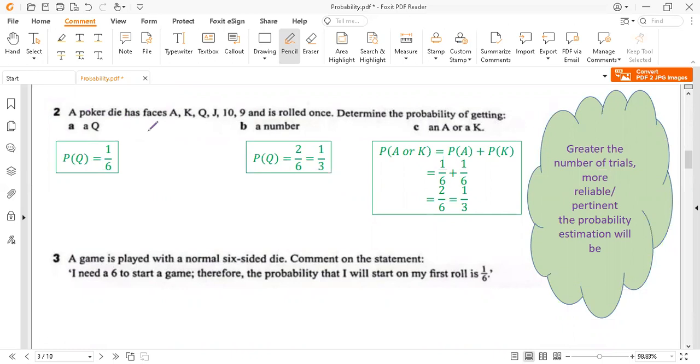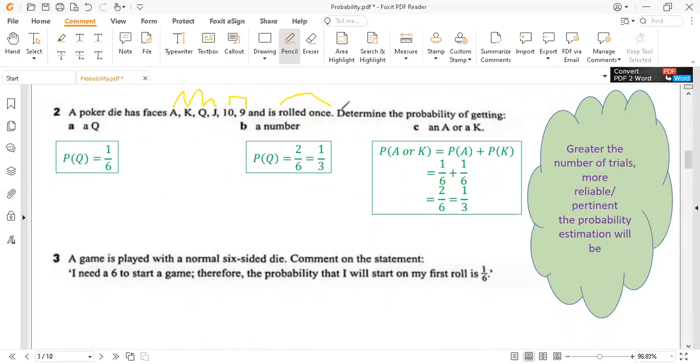Okay, moving on to the next exercise. A poker die has 6 faces: A, K, Q, J, and 10 and 9 as numbers, and is rolled once. We are interested in the face that occurred.